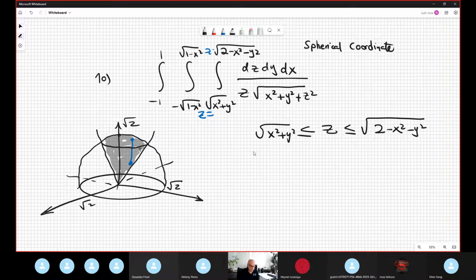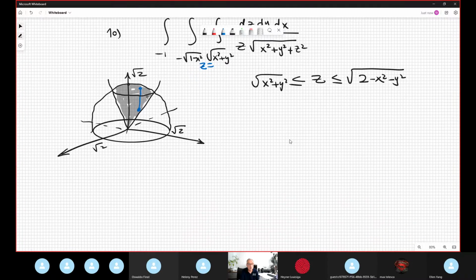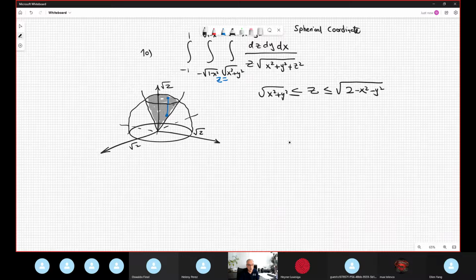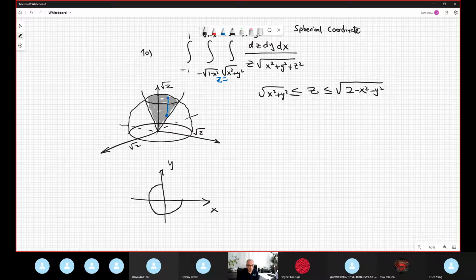Now the projection in the XY plane is a circle. That circle is the intersection I did before this problem.